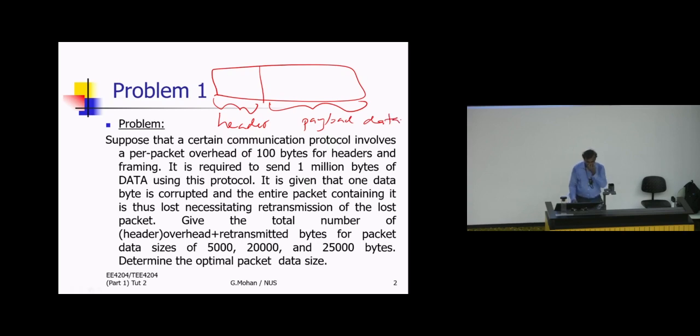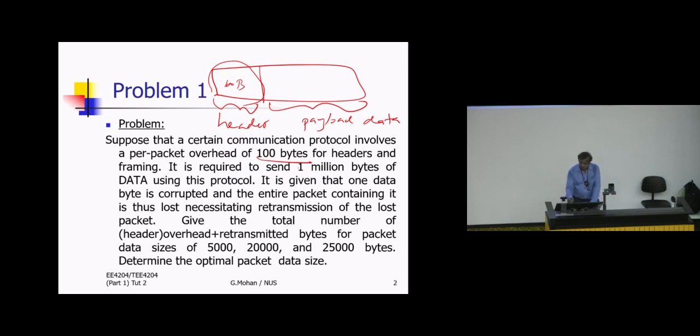This header is an overhead because it is not part of data, but from the protocol requirement, we need to attach an additional header. There is no way around it, so we call this header overhead. According to this problem, 100 bytes are used for this purpose.